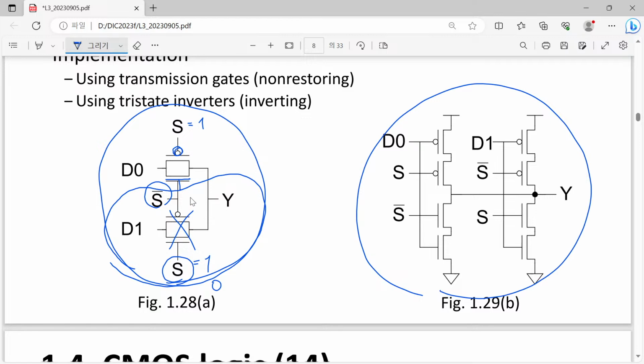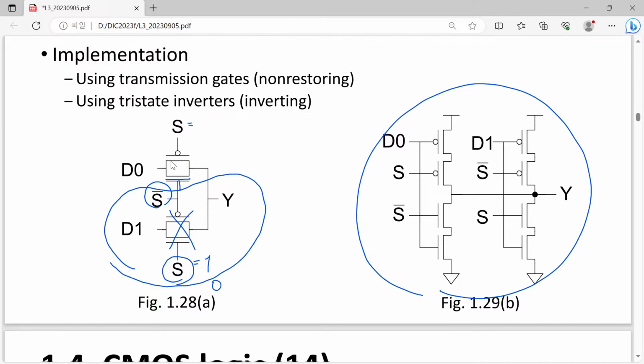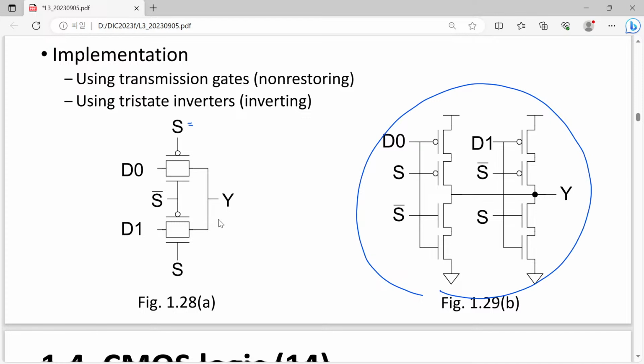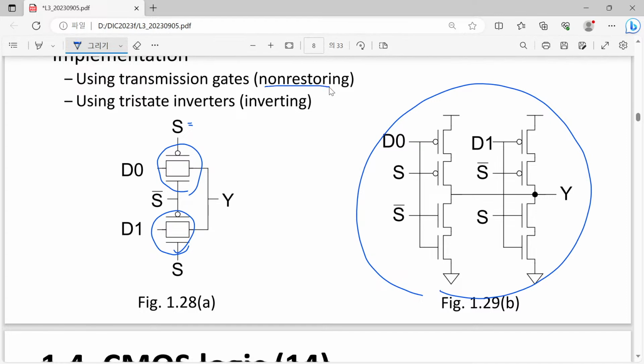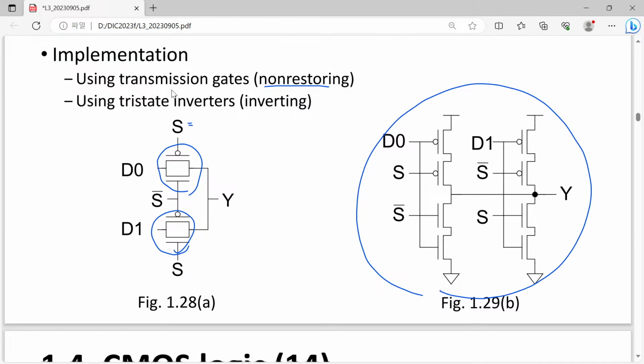Then when S is 0, this upper transmission gate is not switched on, and only when it has the S signal it is turned on, and D1 is connected to Y. So this is a possible way to do that. Of course, since each of them is non-restoring, the multiplexer implemented using transmission gates is also non-restoring.